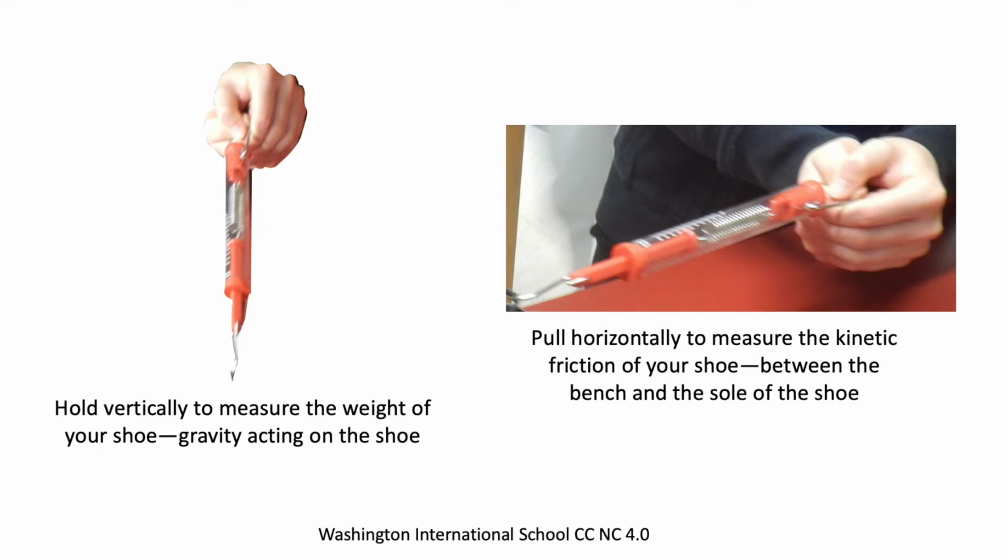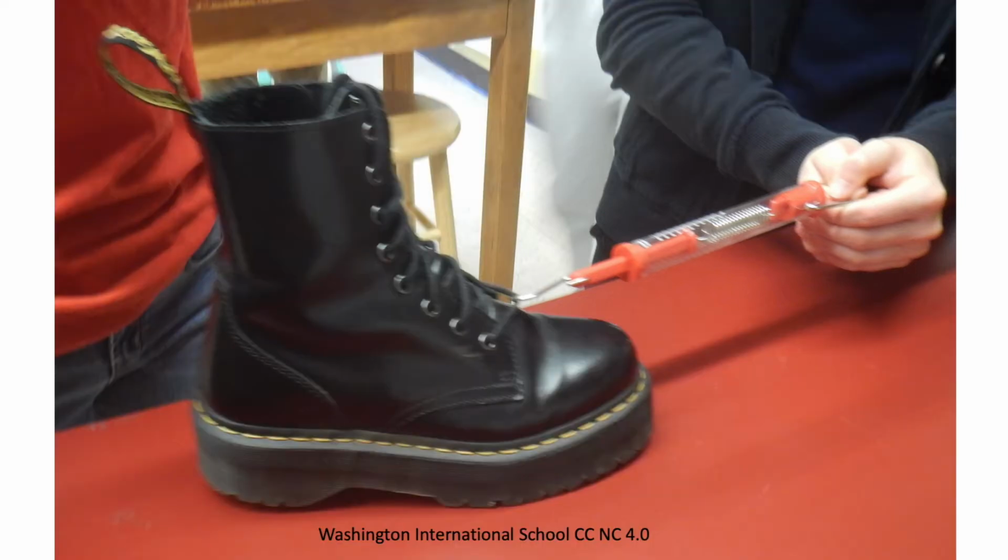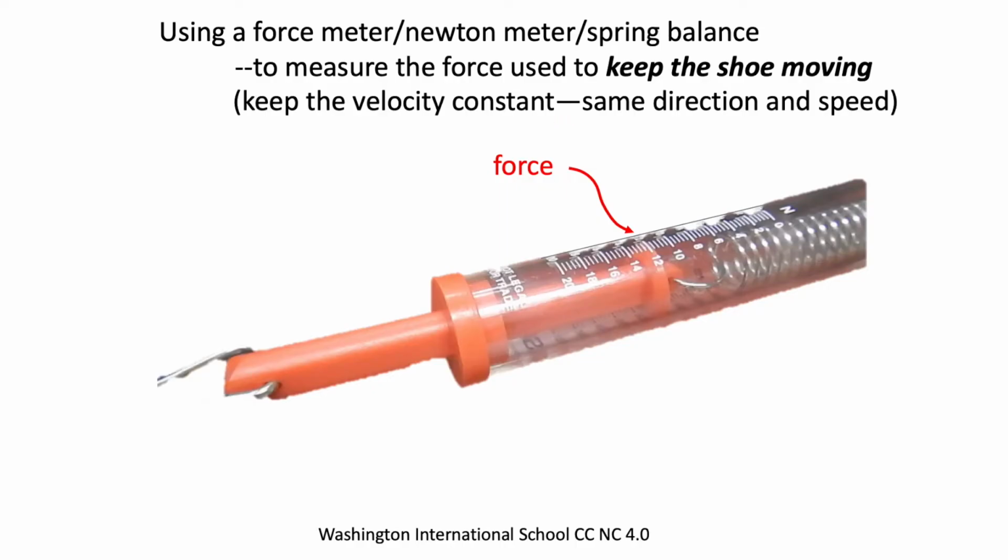So we're going to use the spring balance in two ways: holding it vertically when you measure the weight of your shoe, the gravity acting on the shoe, and to measure the force of friction, you'll pull it horizontally to get the friction between the bench and the sole of the shoe. And you'll take the reading.